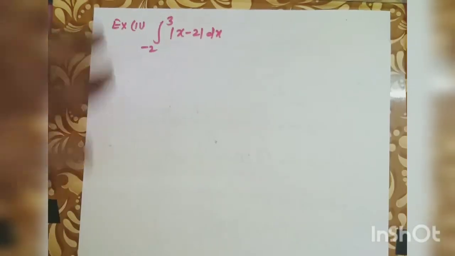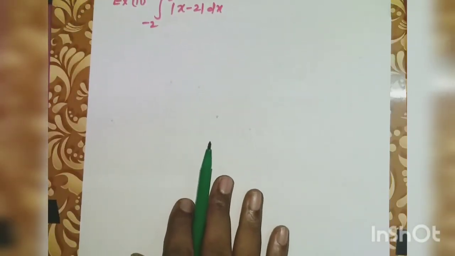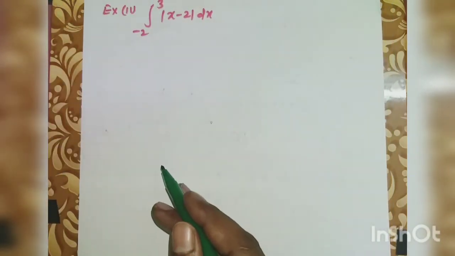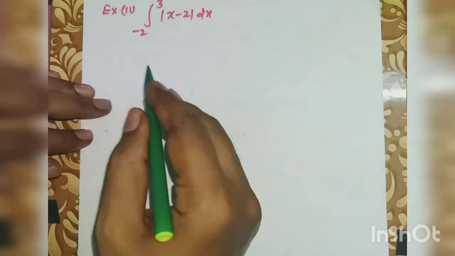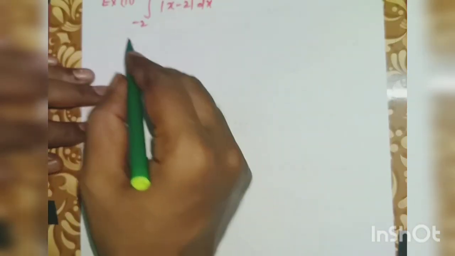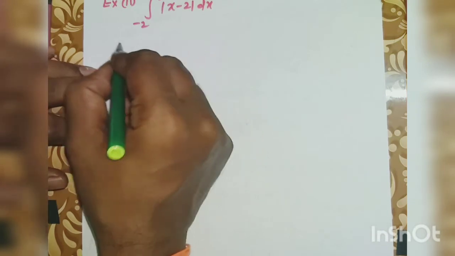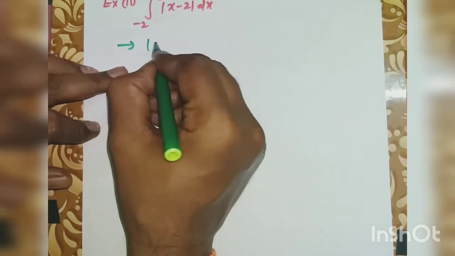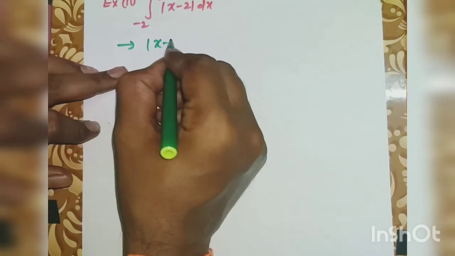Now, next example, again, which is a different type of example. Modulus of x minus 2, limit minus 2 to 3. Now, first find the value of modulus of x minus 2.